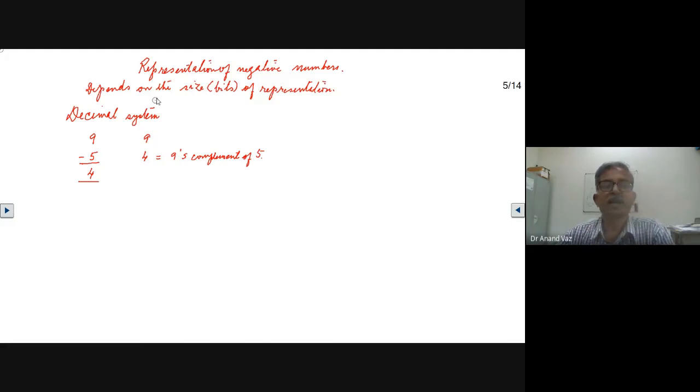So you have nines complement of 5, that is 4. So if you complement 5 from 9, you get 4. And to this nines complement, if you add 1, you will get the tens complement. So the tens complement is just obtained by adding 1 to it.